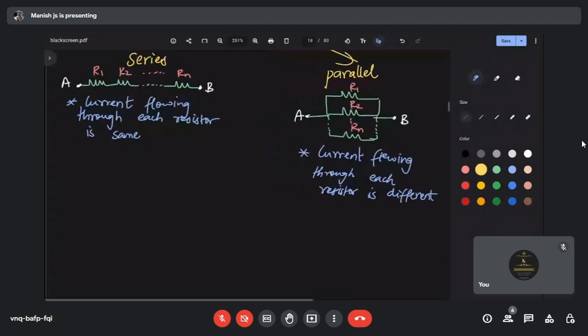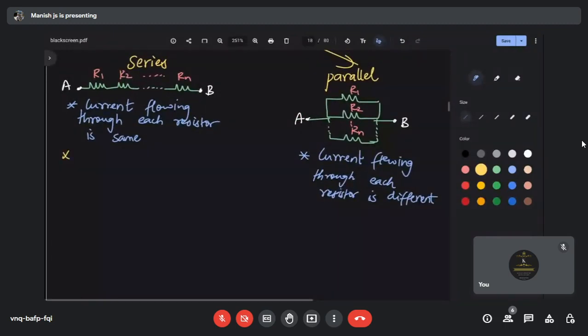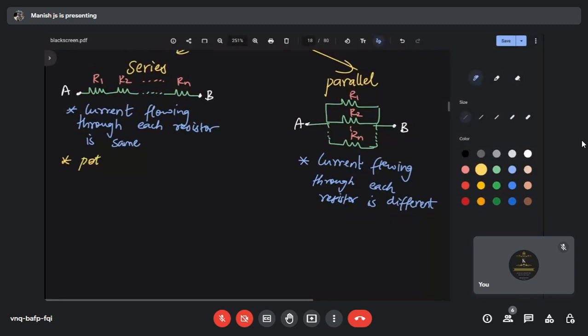So that's one aspect. And the second point is potential difference. For series combination, the potential difference is always different for each resistor.